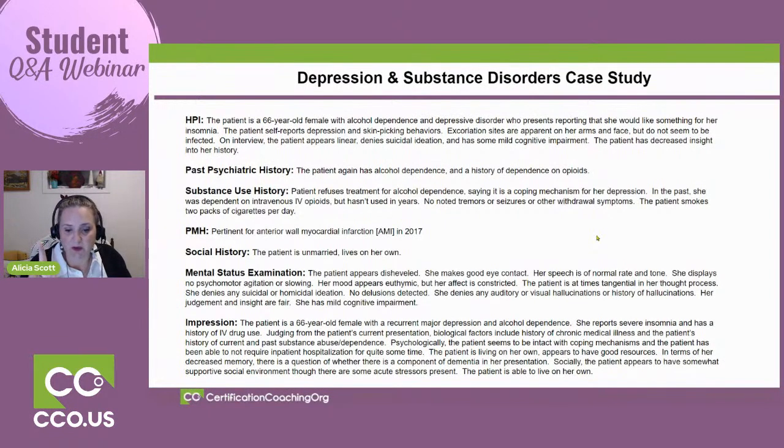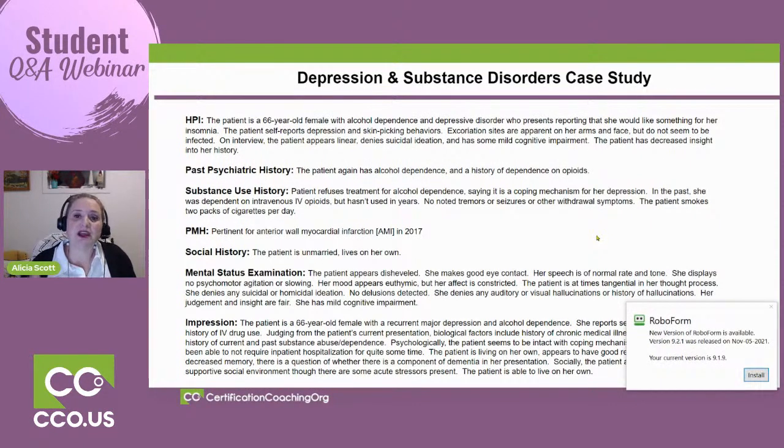So there we go. Recurrent major depression. When you look to code depression, they're going to want to know, is it single or recurrent? The single is the code that you use the first time the patient gets diagnosed, and recurrent would be everything after that. So F32 is the single, that first episode, and then F33 is every time after that.